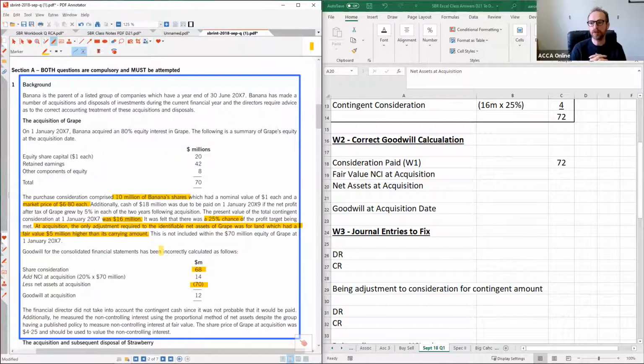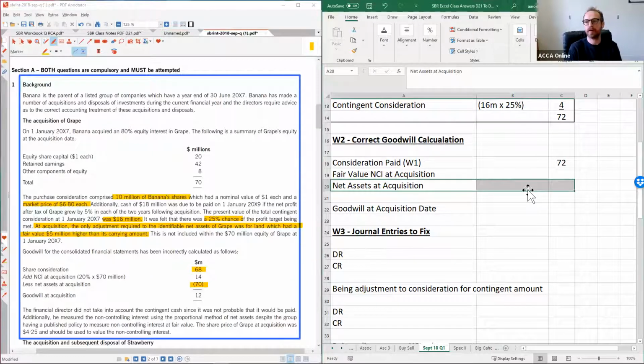Okay, read that through. I'll give you 30 seconds, pop in what you think is going to be the fair value of the net assets at acquisition. So this line here. So just put your amount onto your spreadsheet.